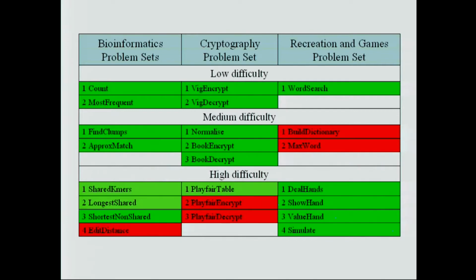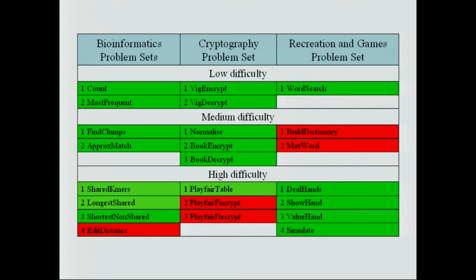So this is how I solved my problems. I used this table just for my internal use, because there were many problems, as you see, and I could forget what I solved and what I didn't. As you see, the green is what I have solved, and the red is what I haven't.